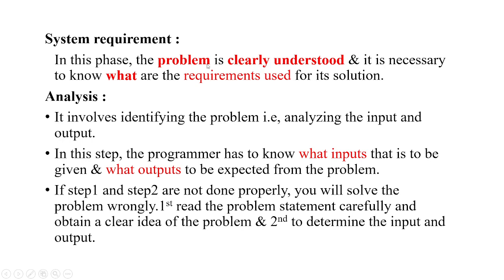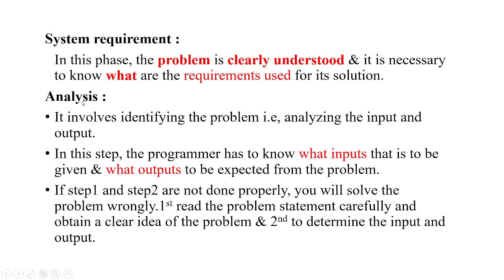Once the problem is clearly understood, then we can know what all the requirements are to solve that particular problem. So in the first phase, we are going to understand the problem and think about what all the requirements I have to gather in order to solve that problem.